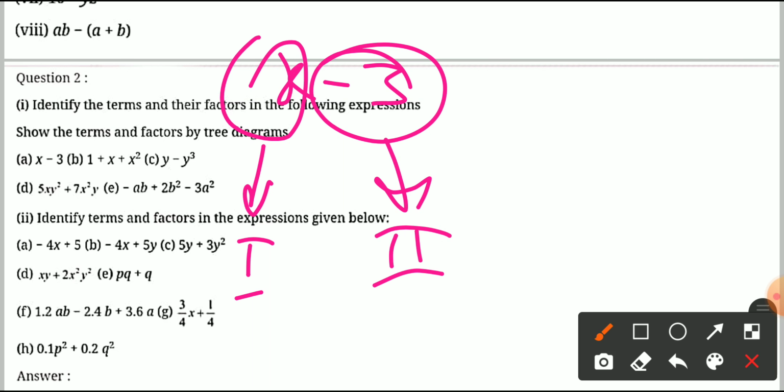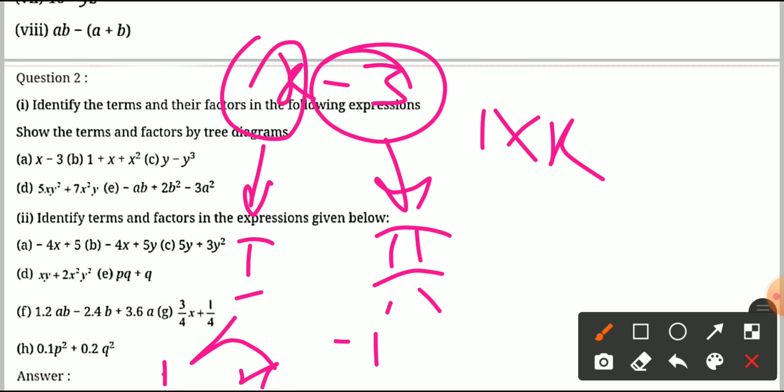Clear? So what are the factors? The first one is 1 into x and second is minus 1 into 3. First is 1 into x, factors of the first term are 1 and x, and the second term is minus 1 into 3.